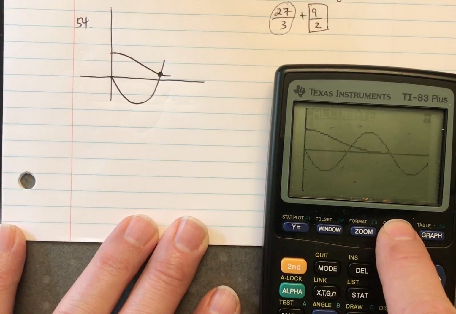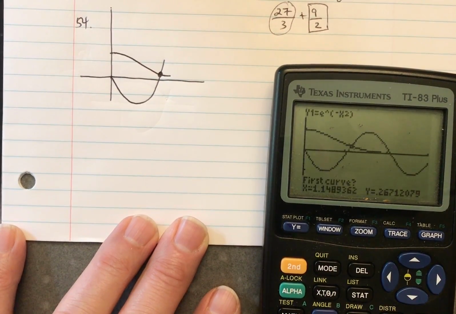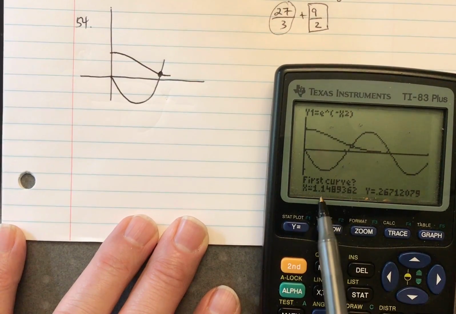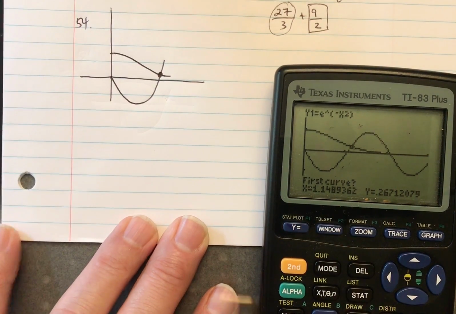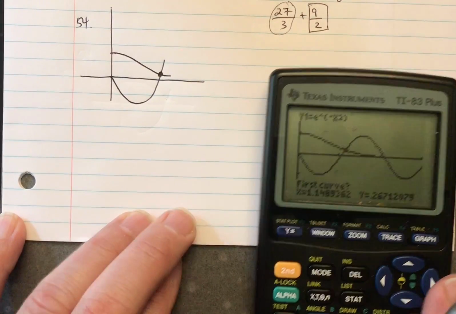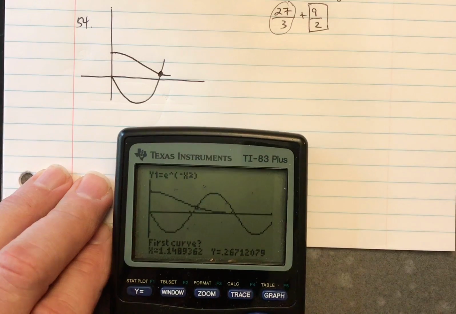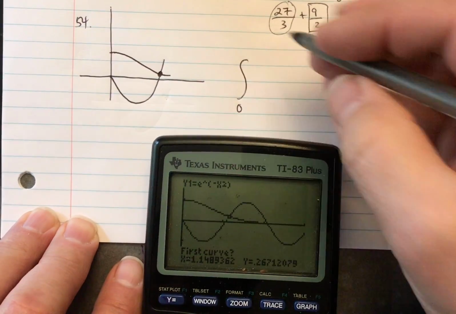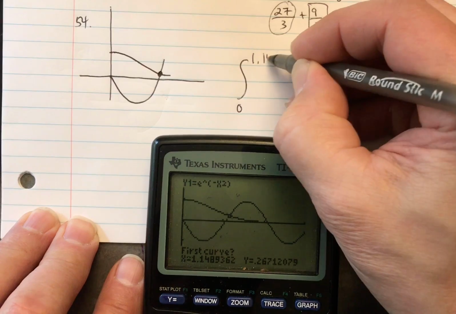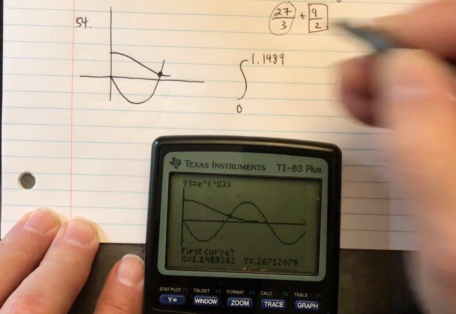So I'll hit second trace, intersect, and I had done this just a few minutes ago. I have my x value to be 1.1489.